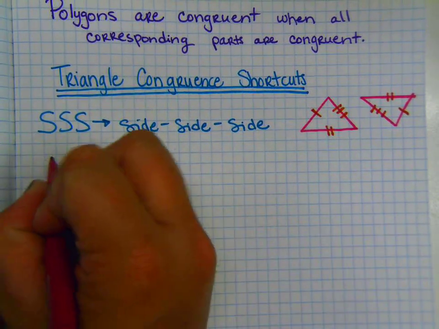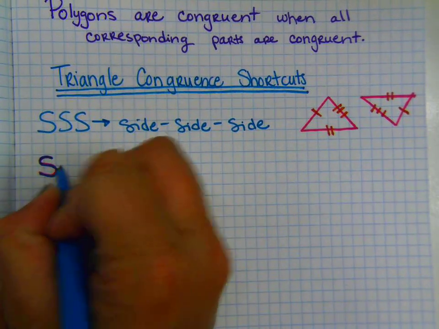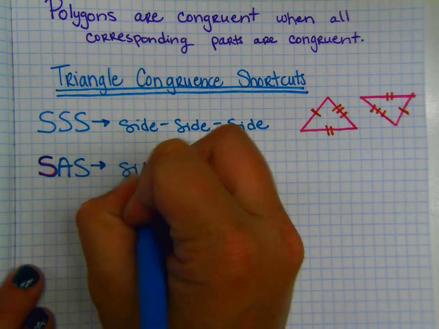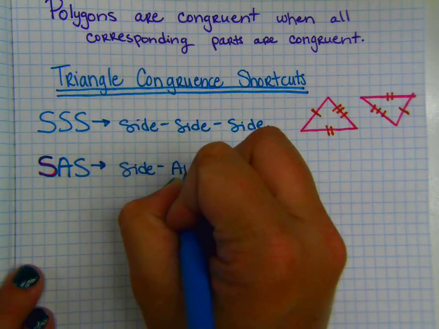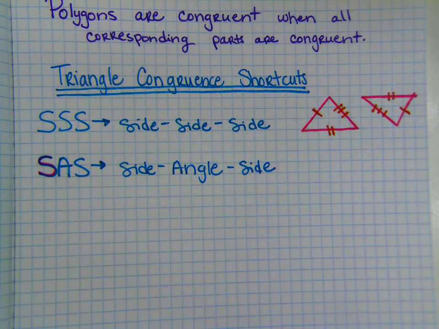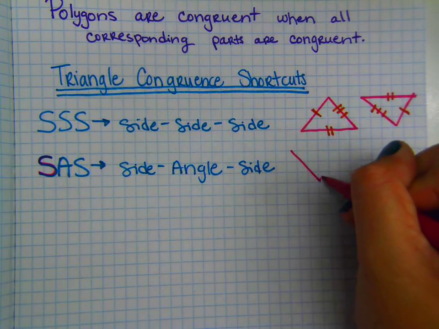So then we have SAS, which stands for side, angle, side. That means we have two sides congruent and the angle between them. So it could look like this.